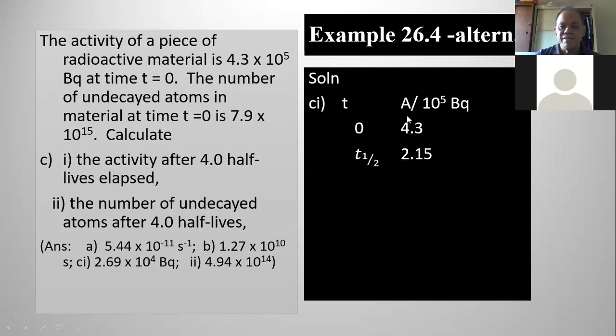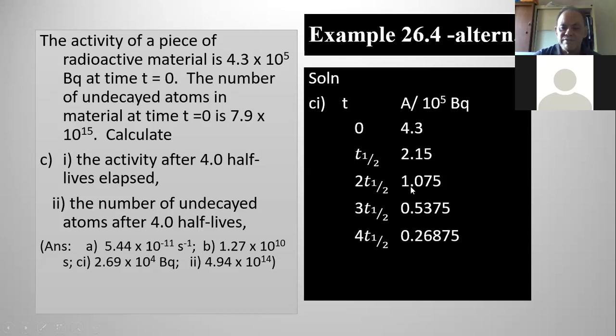After 1 half-life it will be half of that. After the second half-life, it's just half of this one there. After the third half-life, half of this one, you get this value. And after the fourth half-life, half of this value will be this, and that's your answer. If you prefer that way, there's nothing wrong. You can show your working and it will be accepted by the examiner.